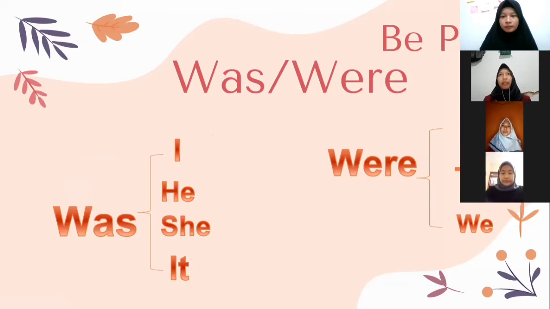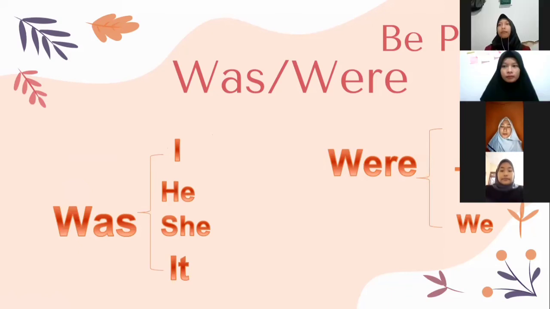Okay, this is the past be. Okay, so be dalam kalimat yang berbentuk lampau. Jadi jika kalimatnya bentuknya lampau, kita menggunakan be-nya was atau were. Okay, so not is, am, are anymore, but we use was or were.